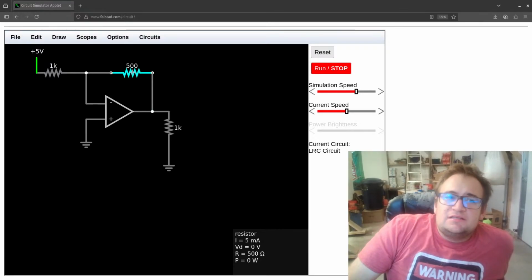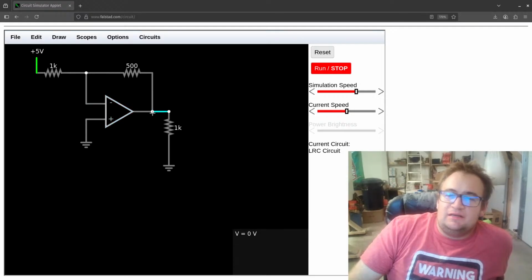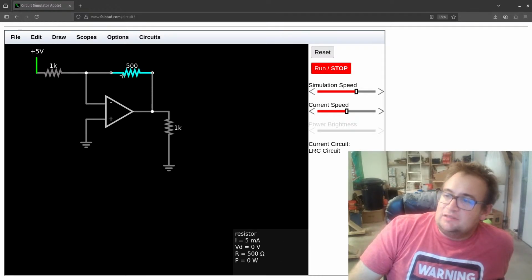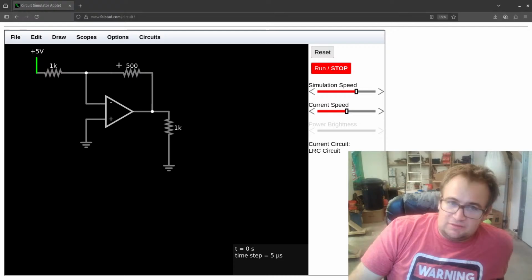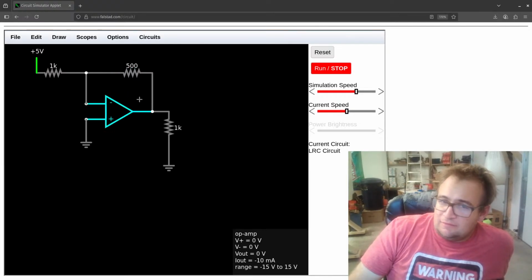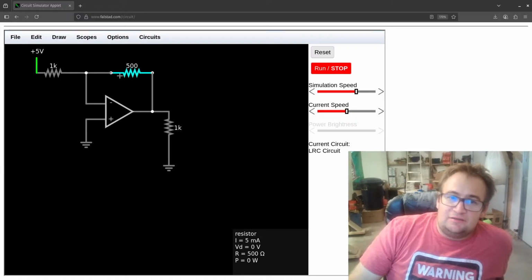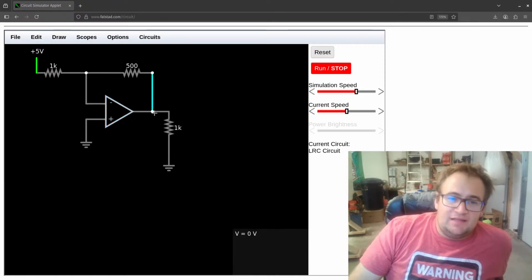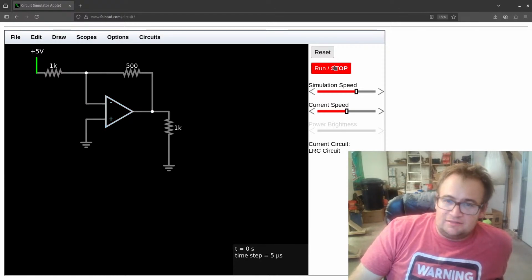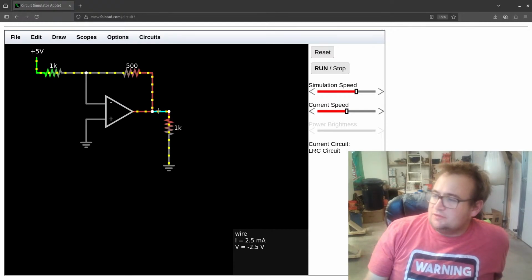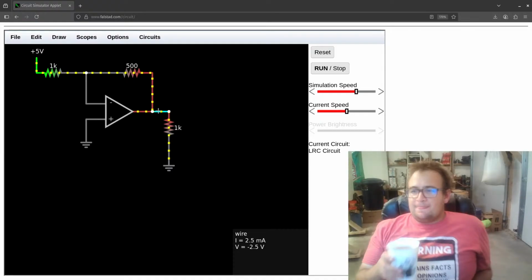So that means this is going to be minus 2.5 volts, because 5 milliamps times 0.5K, which is effectively 500 ohms, is 2.5 volts. So there's 2.5 volts burnt across here. That's minus 2.5. Then we get here to be minus 2.5. Let's see if that's right. Yep, minus 2.5 volts. So there's that one.